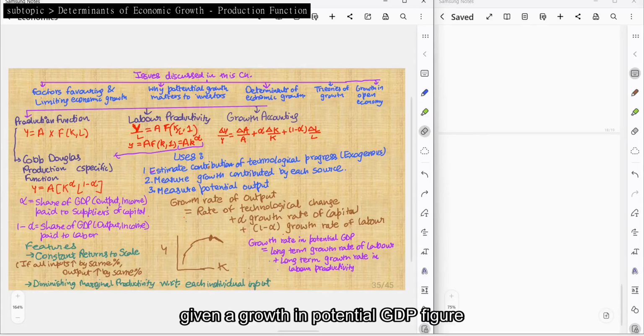So if we are given a growth in potential GDP figure, we could see how much of the growth is coming from technological change, how much from growth rate in capital, and how much from growth rate in labor. The third use is that it measures potential output. So if we know last year's output, we could calculate the change in output for this year and add it to last year's output to calculate the total output this year.